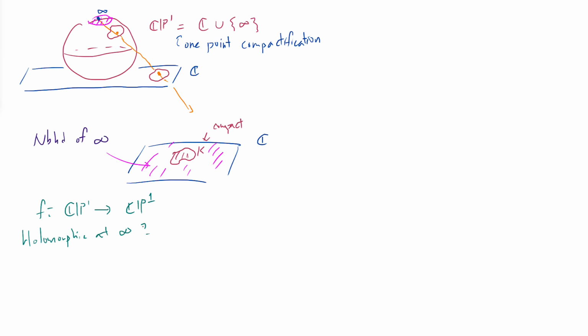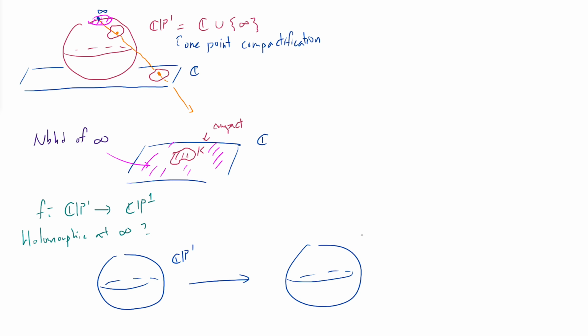I think the most elementary way of thinking about this is you have CP1 here, and I'm mapping to CP1. But just for the sake of simplicity for now, let's say you're mapping to some point that's not infinity. So here you have infinity, and our f is mapping it to f at infinity here. And let's just assume this is not equal to infinity. So we have some point here in the complex plane.